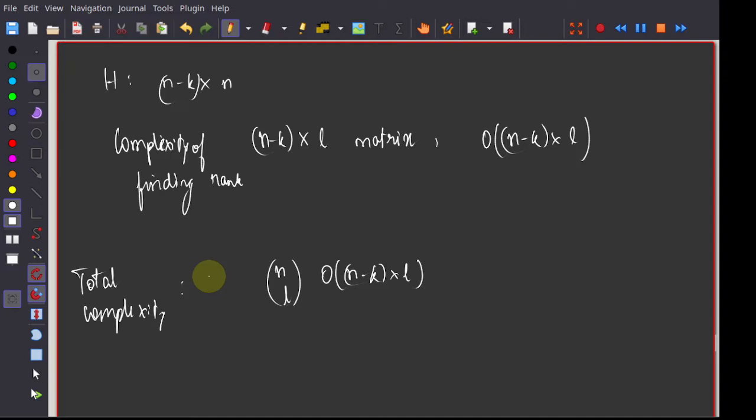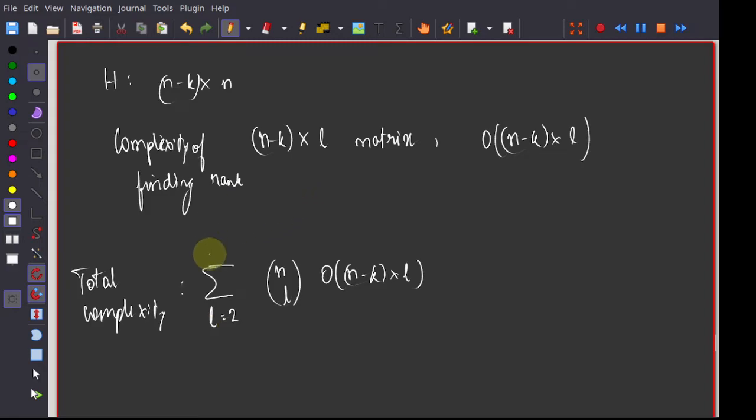I don't need to do it for one, because as long as there is one non-zero element, the rank is at least one. So I look for two columns, find out if they're linearly independent or not, then keep proceeding.